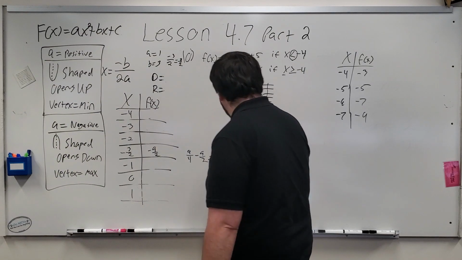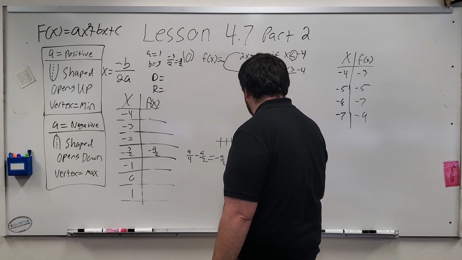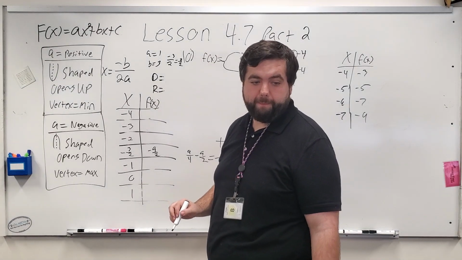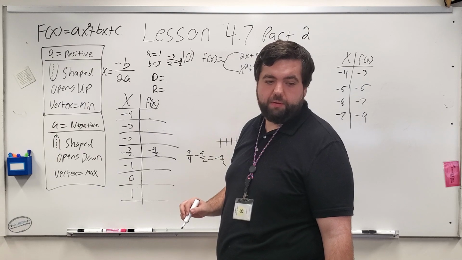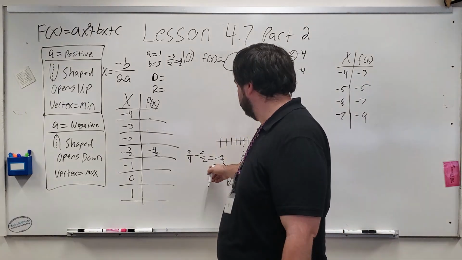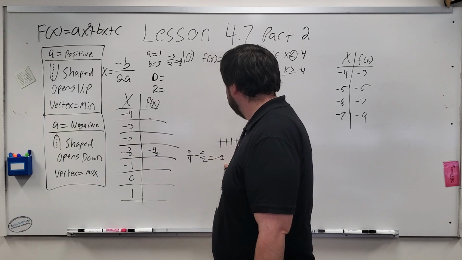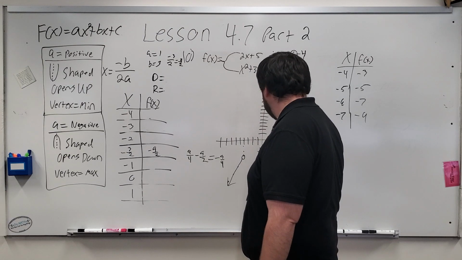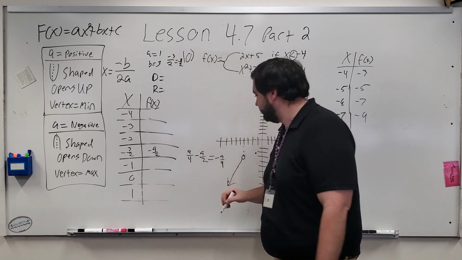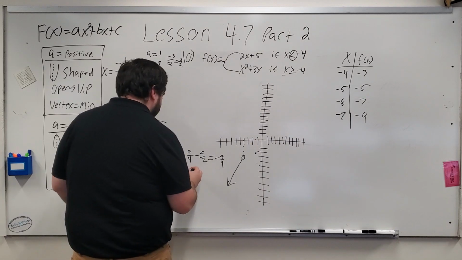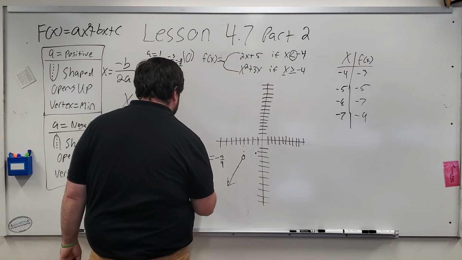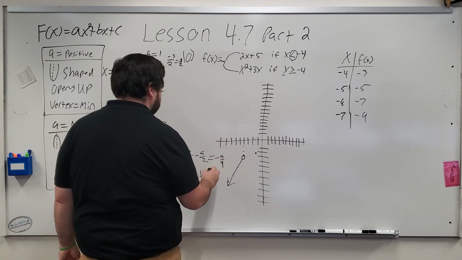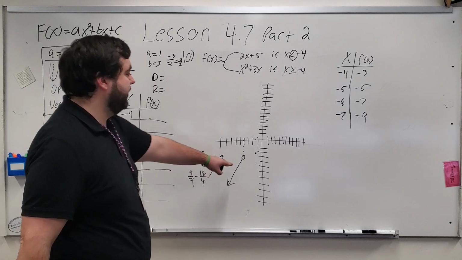So my 9/2, that's 1, 2, 3, 4.5. So there's my vertex. Did I do that right? Nope, because it's 9/4. I'm sorry. So my vertex is actually going to be at -2.25. In case you're wondering where I got that from, 9/2 or 9/4, you've got to get like bases, so you multiply that by 2/2, and that's how you get that. All right. So there's my vertex.